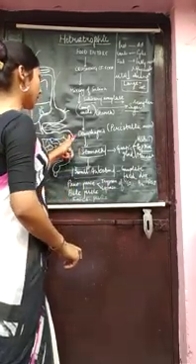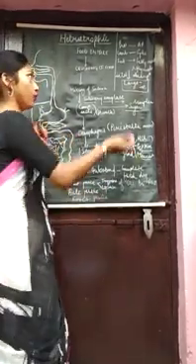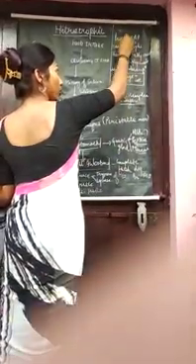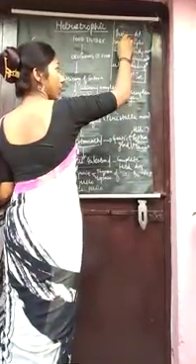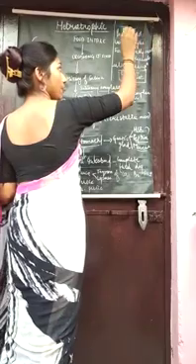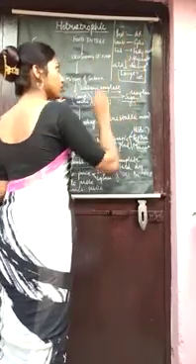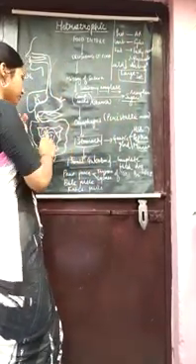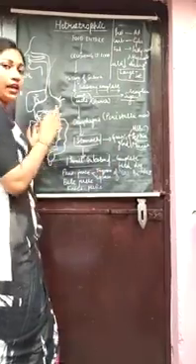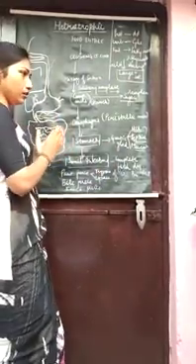What function do these intestinal juices perform? They convert protein into amino acids, carbohydrates into glucose, fat into fatty acids and glycerol. And the last function is absorption. This is the main function after the digestion of food.